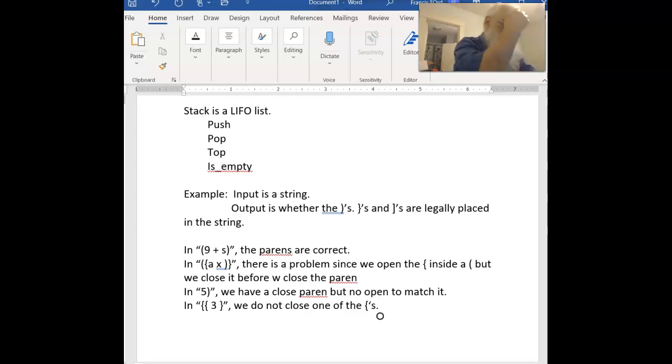Now, how can we do this, and how can we use a stack? We will create a stack and look at the characters in the input string.